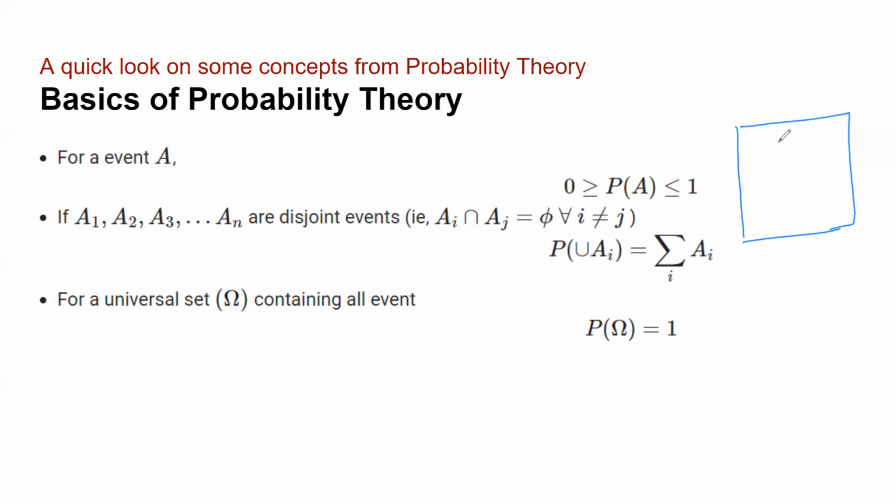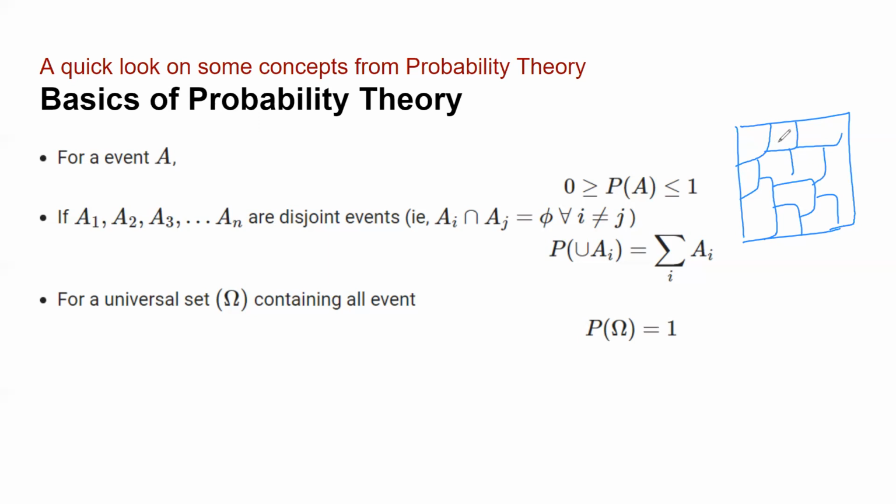For example, tossing a coin. If you're tossing a coin, either you can have head or tail. If it is head, you won't get tail. If it is tail, you won't get head. It won't be a possible scenario that you get head and tail at the same time, unless your coin is biased. So this is my sample space, and these are my events, and all these events are disjoint events.